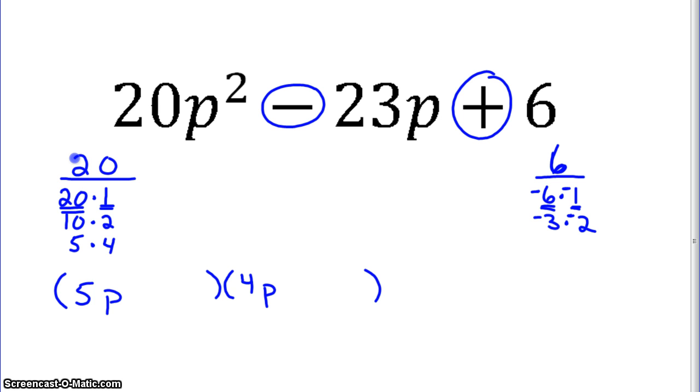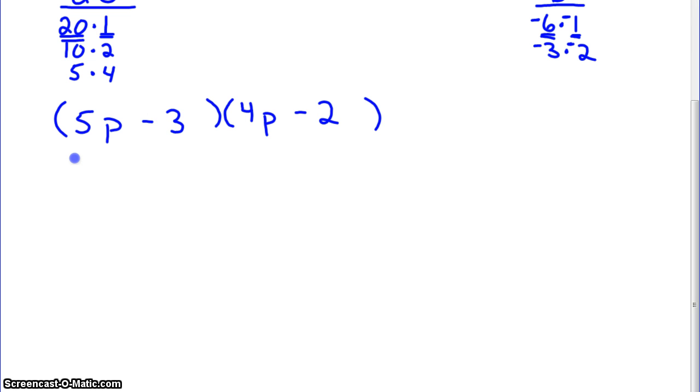Now let's look at our list of factors of 6, negative 3 and negative 2. So let's just put negative 3 here and negative 2 here.